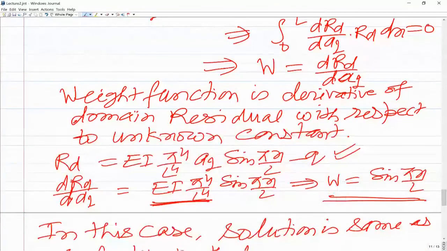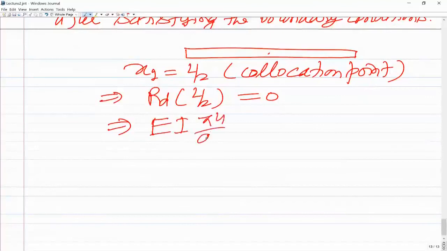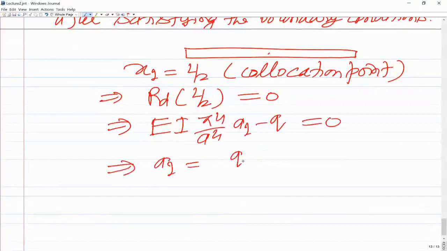If I evaluate it at x equal to L by 2, you get sine of pi by 2, which is unity. So you get EI pi power 4 upon L power 4 into a1 minus q equal to 0. This will give you a1 is equal to q L power 4 upon EI pi power 4.